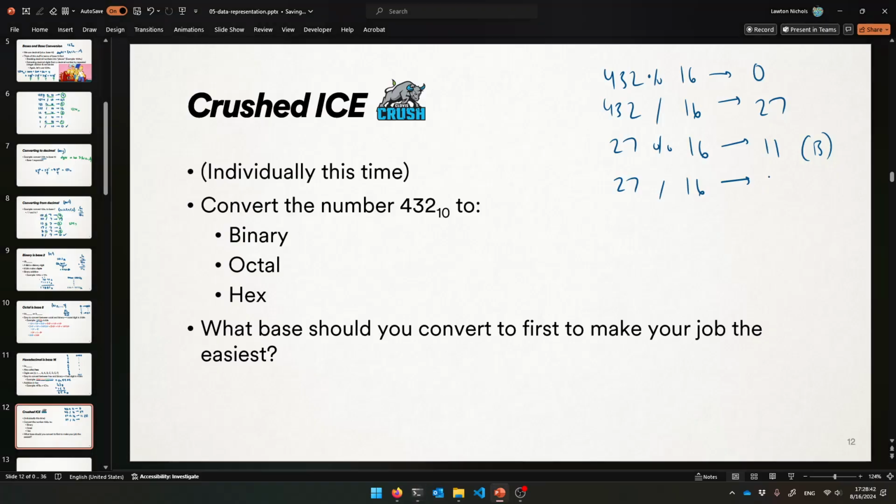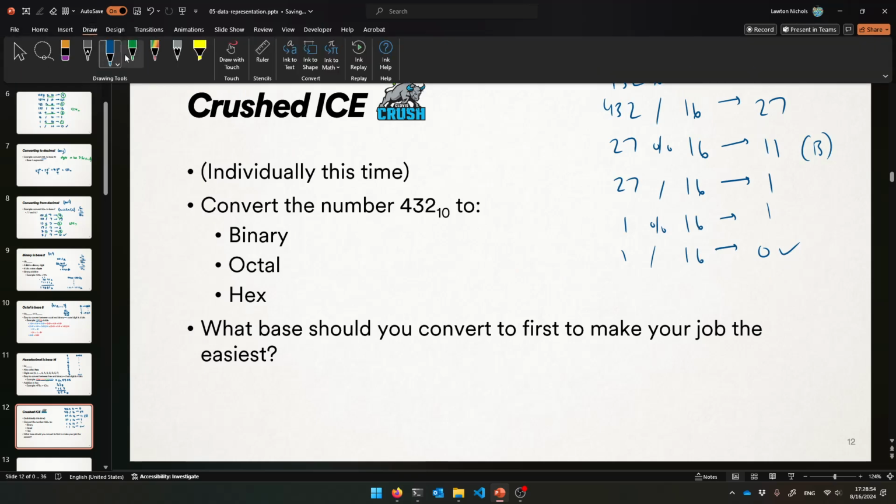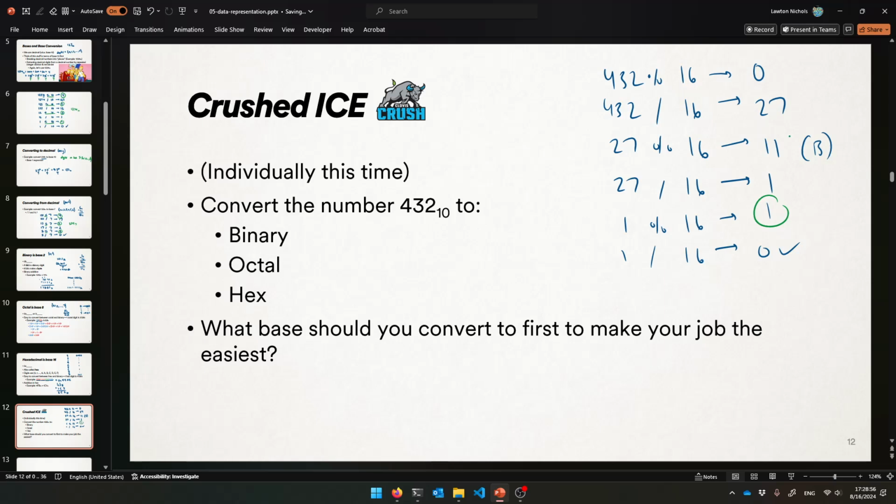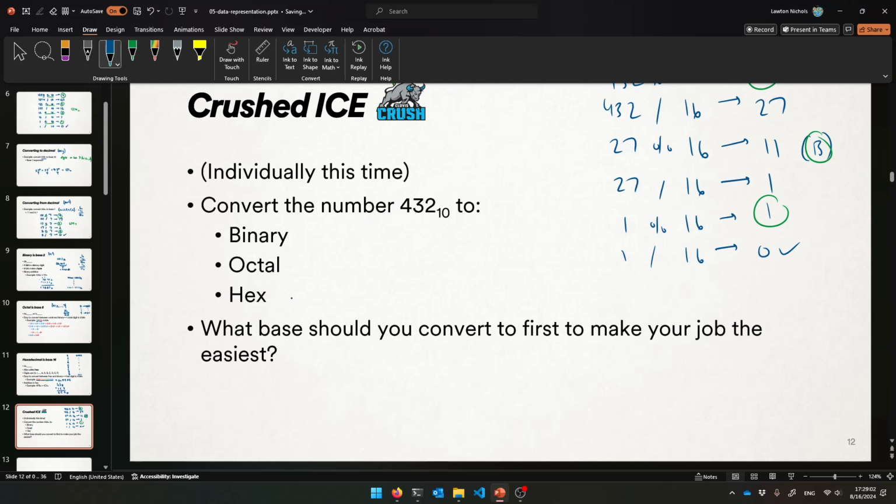So 1. Let's convert 1 to hexadecimal, very easy. It's just 1. Let's chop off the 1 to see if we're done. And yeah, that finishes the process. And so every time we took a mod, we got a digit in reverse order. So it's 1B0 is the answer. All right. So that is the hex answer.